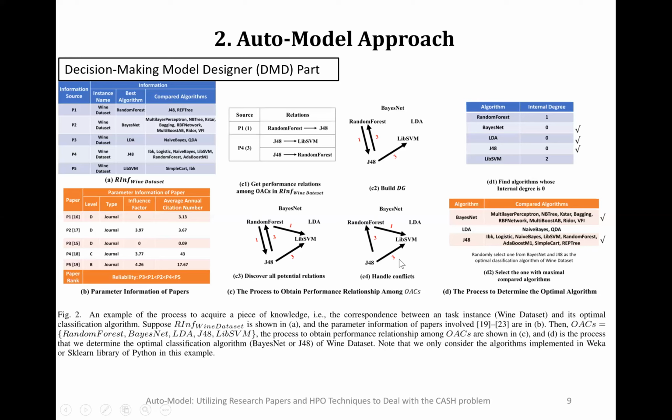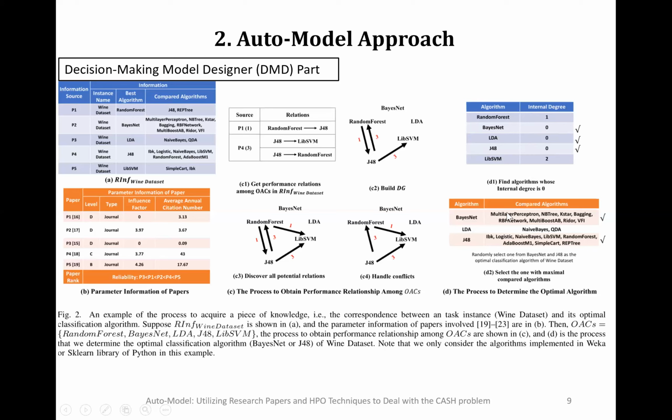Now, the A* of the dataset should be among the algorithms in this graph whose in-degree is 0, which means there is no other algorithm that performs better than it. Now we get 3 candidates for A*.